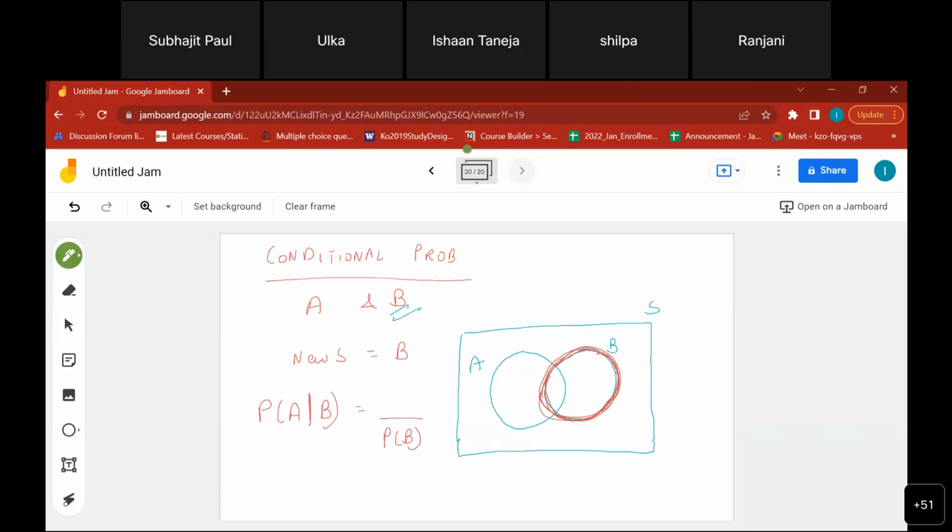And your favorable outcome is A intersection B, this portion of A which is inside B. That is why probability of A given B is nothing but probability of A intersection B upon probability of B. Do you get the concept of conditional probability? When we say that an event has already occurred, it changes your sample space to that event.